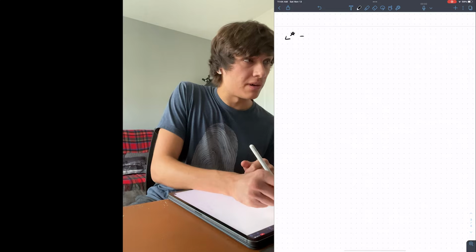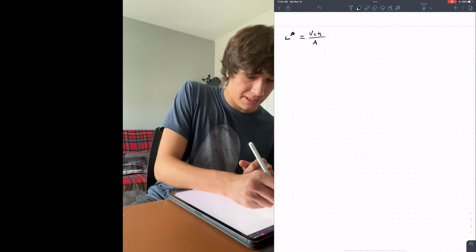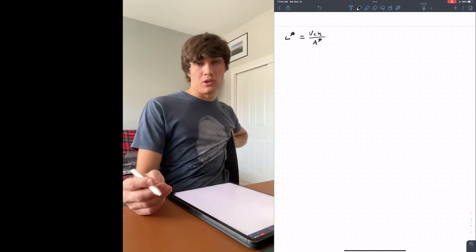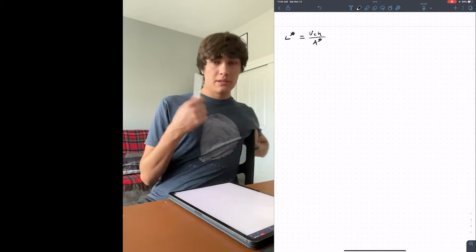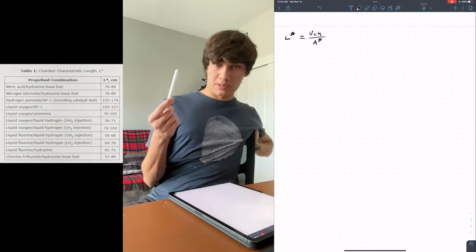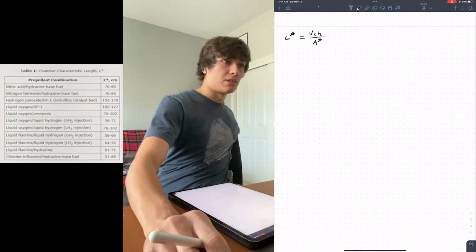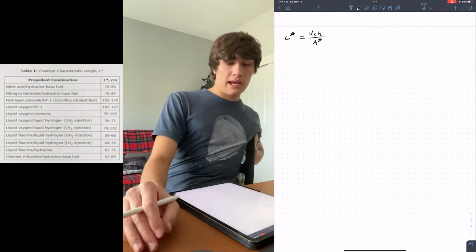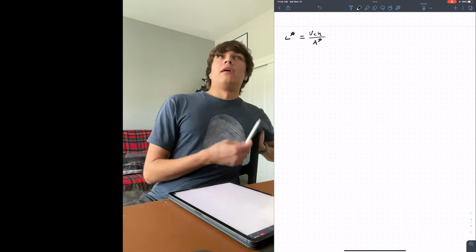The way that L star is defined is that it's the volume of the chamber divided by the A star. So if you want to know what the volume of your chamber is, once you've selected your throat area, you'll go and look up what the L star is for your propellant combination. For us, it is kerosene liquid oxygen. So our L star is about 1.1 meters. And then you roughly know what the volume of your engine should be.